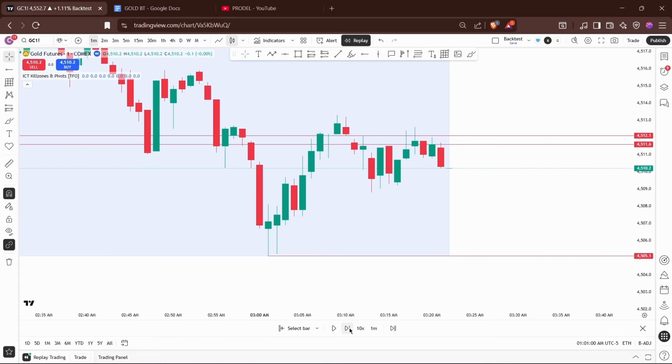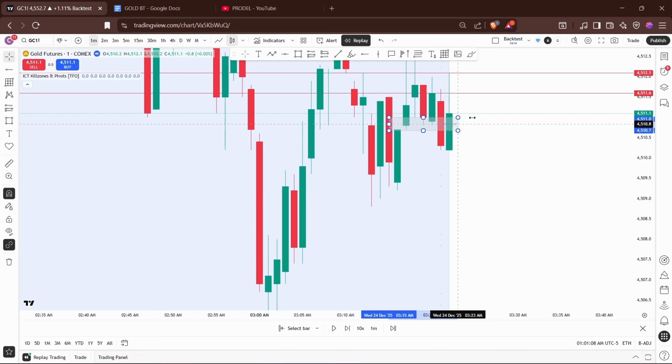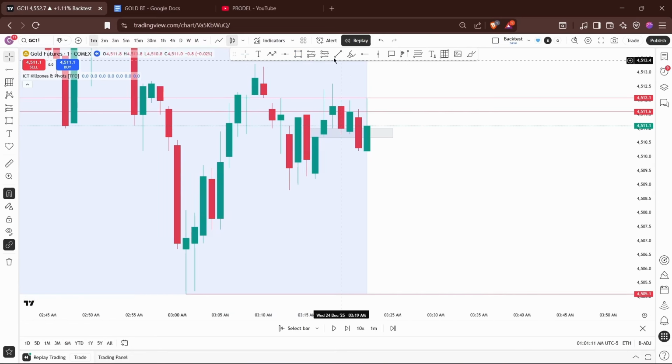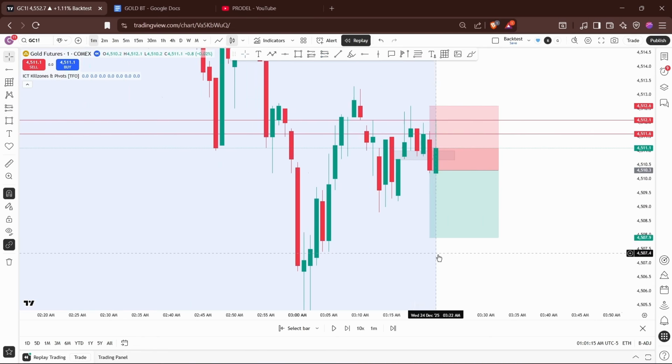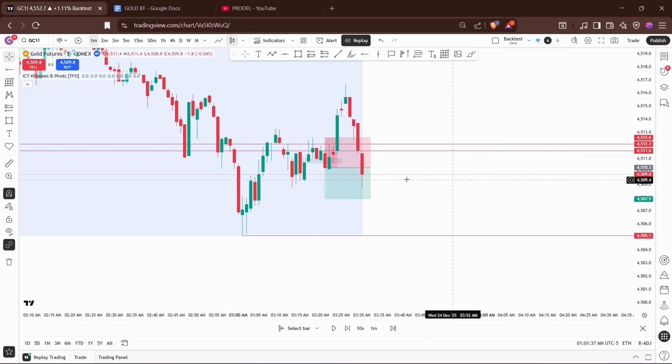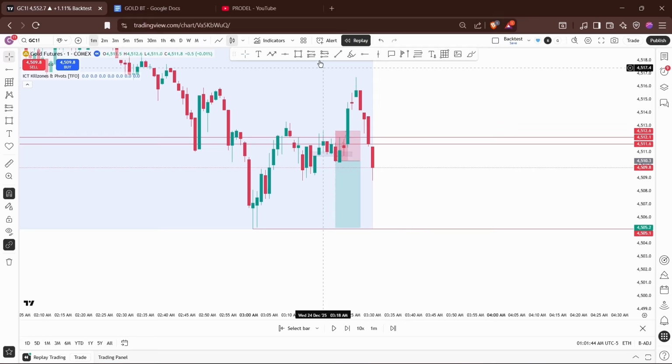Let's wait for the market to again close above the level and then below the level. It closed above the level and then below the level, and it's giving an inverse FVG also. And our trade will be at this point, and then SL will be at this point. And yeah, we can see we got one loss here, and again it's forming a trade here.